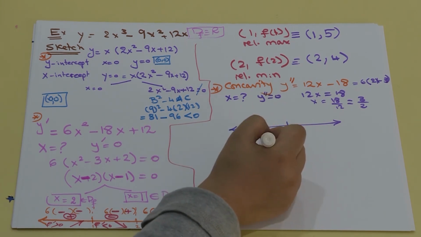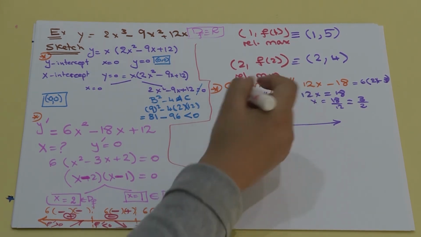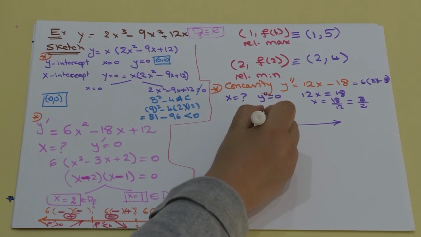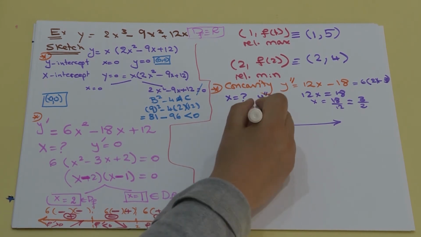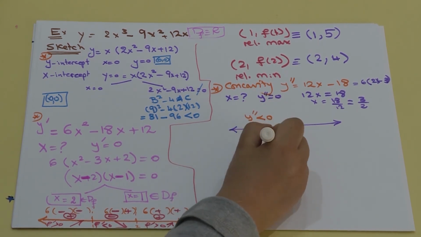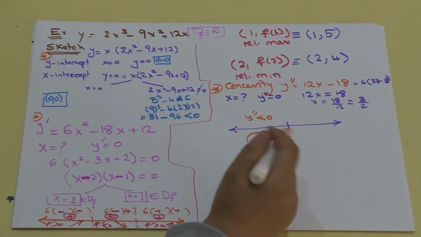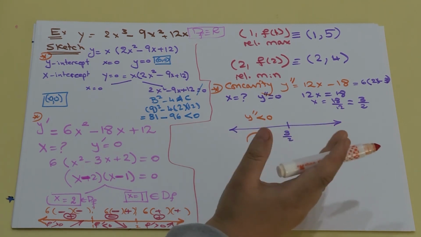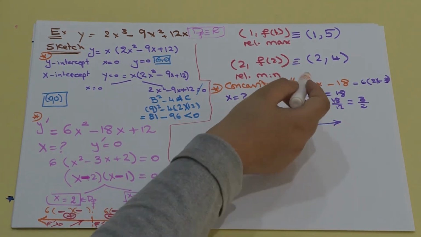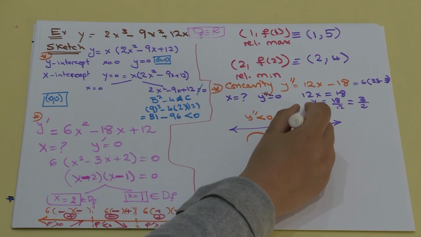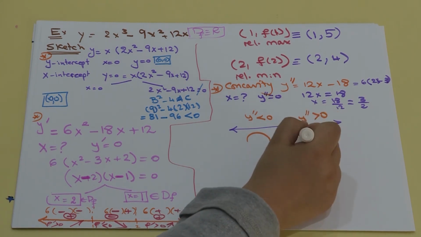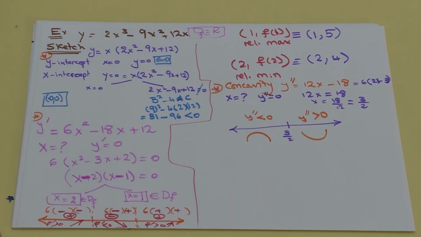If you put 0, less than 3 over 2, y double prime is less than 0, so this is concave down. To the right of 3 over 2, take anything bigger, you can take 5 or 10, and you should get y double prime greater than 0, which tells us this is concave upwards.